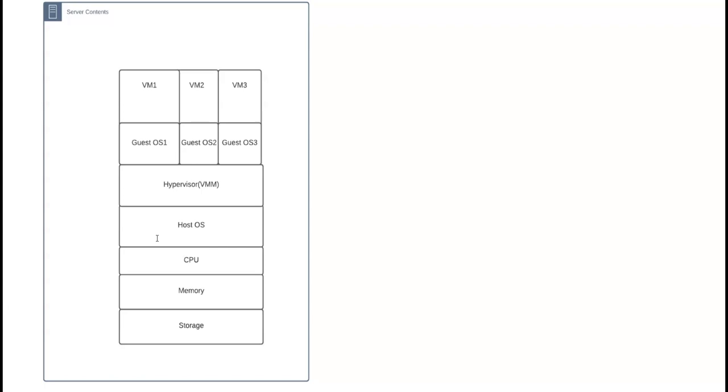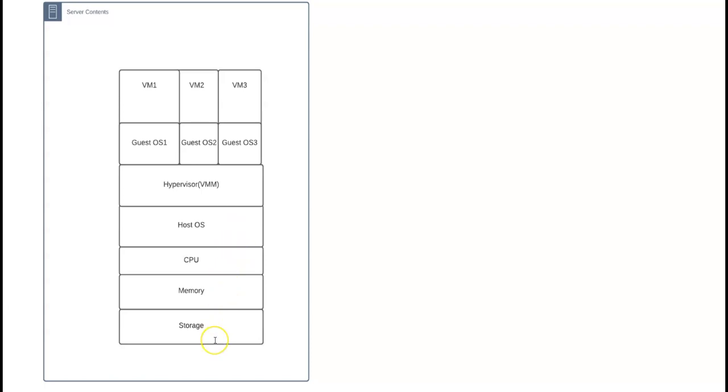When I say physical server, it's an actual computer with CPU, memory and storage attached to it. But you can partition or divide the resources on that server to be used for some logical virtual server, which is also called a virtual machine.